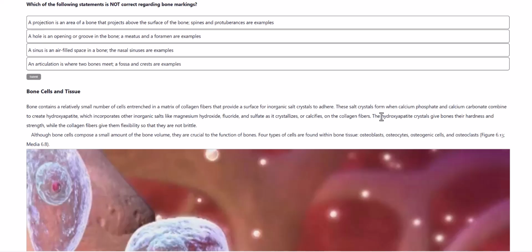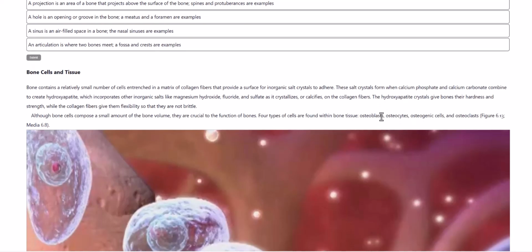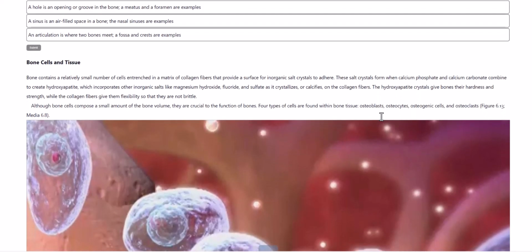So let's get into the bone cells that we find in the tissue. You know from lab, one of the first questions you were asked on the pre-lab was, what are the main components of bone? And most of you wrote down properly that there is the collagen fibers, that'd be the organic component.